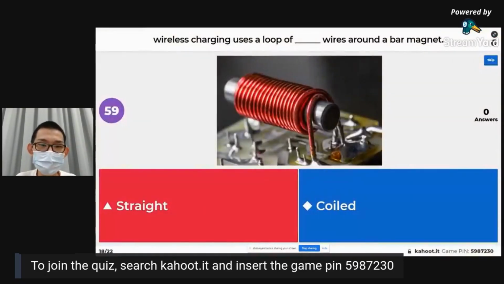Next question. Wireless charging uses a loop of blank wires around a bar magnet. Is it A, straight, or B, coiled?